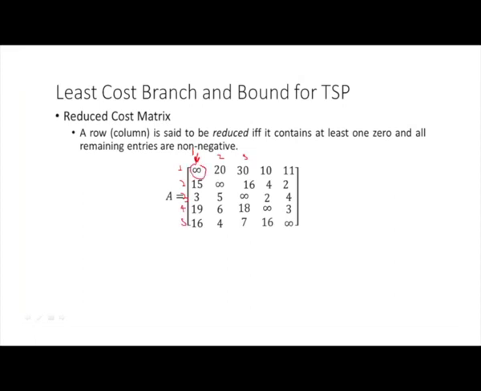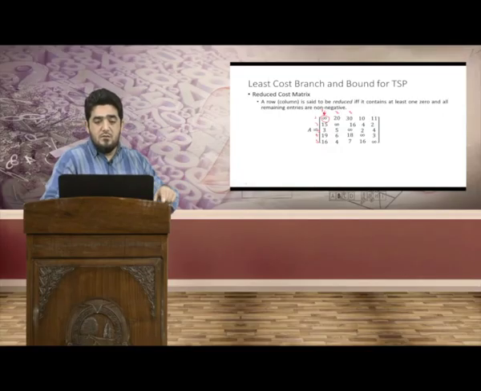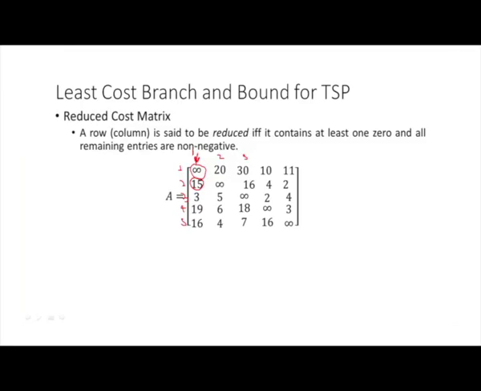So this value here means moving from vertex 1 to vertex 1. Similarly, this 15 here means moving from node 2 to node 1. This 3 here means the cost of moving from node 3 to vertex 1. So all these values in this particular column correspond to the costs associated with going to node number 1.